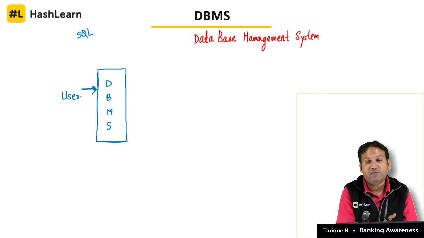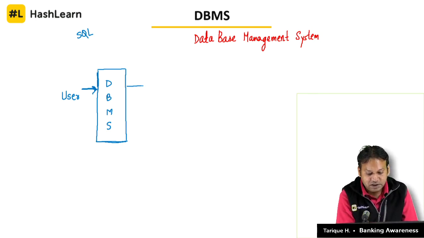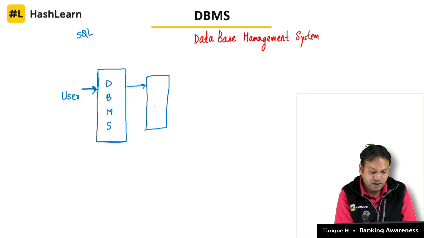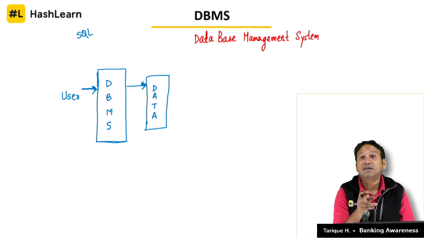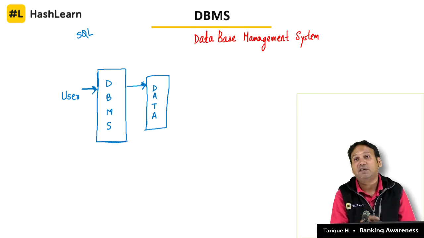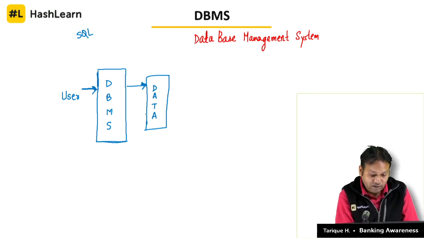The application software then interacts with the database management system. The database management system interacts with the data. So data is stored in a particular location. So the database management system interacts with the data. It stores information in the database, or it modifies information in the database, it removes information from the database, it searches for information in the database based on the SQL command, then gives it back.